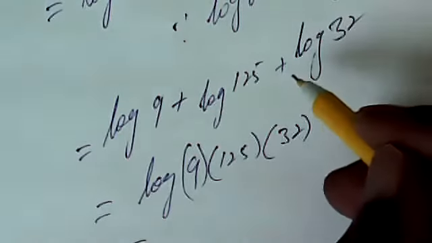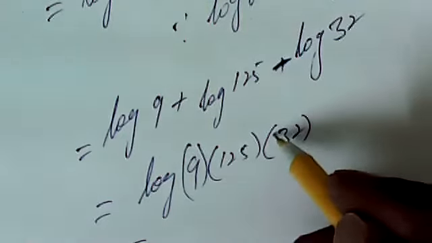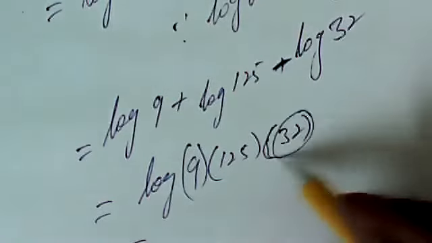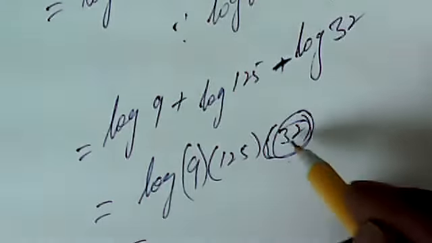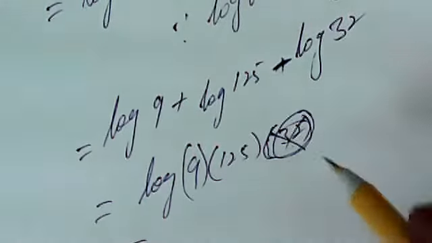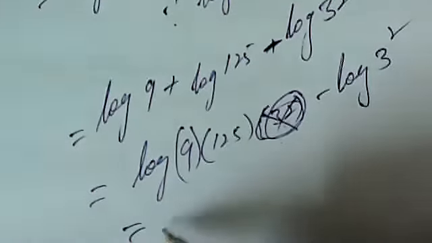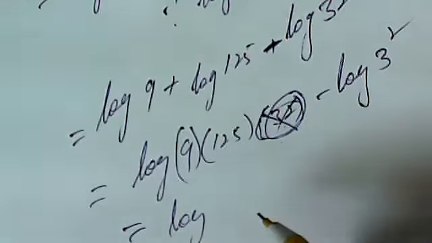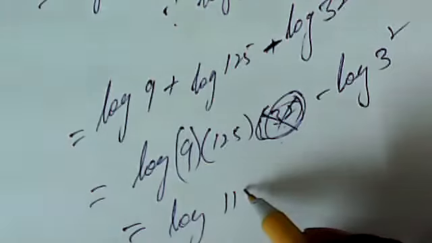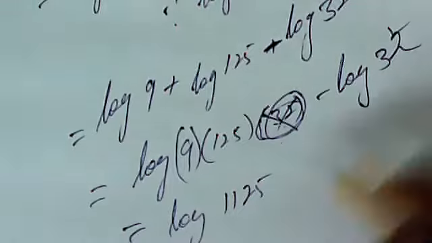Here is a minus, so we take this minus, hence this comes in the denominator, in a by b form. So minus log of 32 equals log of 9 into 125. We multiply, we get 1125, and this is log 32.